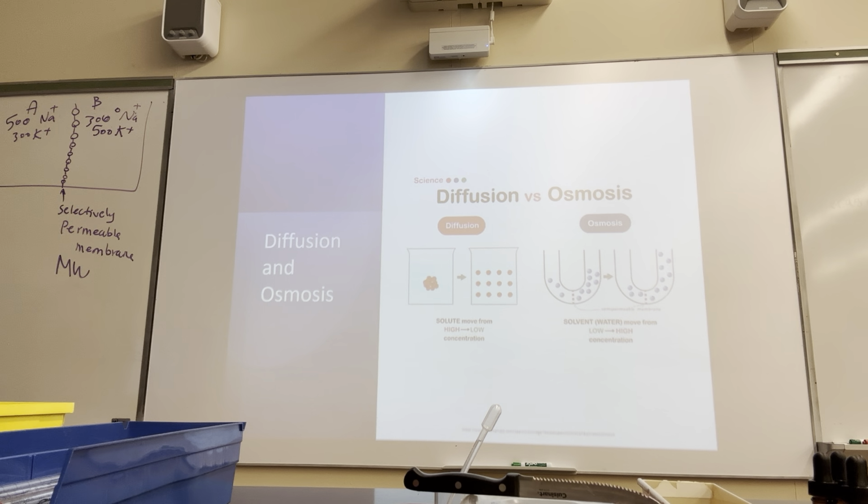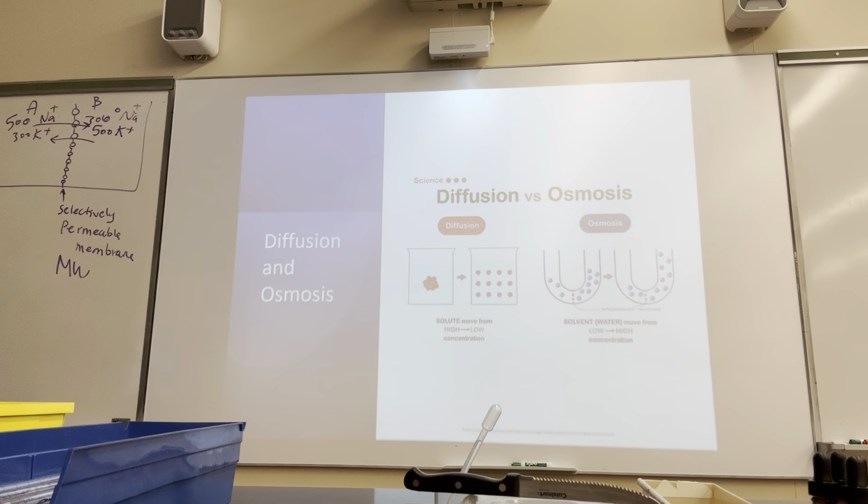I'm still going to equilibrate with 400 of each on each side. So I'll have 400 of sodium here, 400 of potassium here, because 500 is going to go to this side. So I'm going to have 400 of each on both. So that's diffusion. This is really, really important. Did everybody get that?